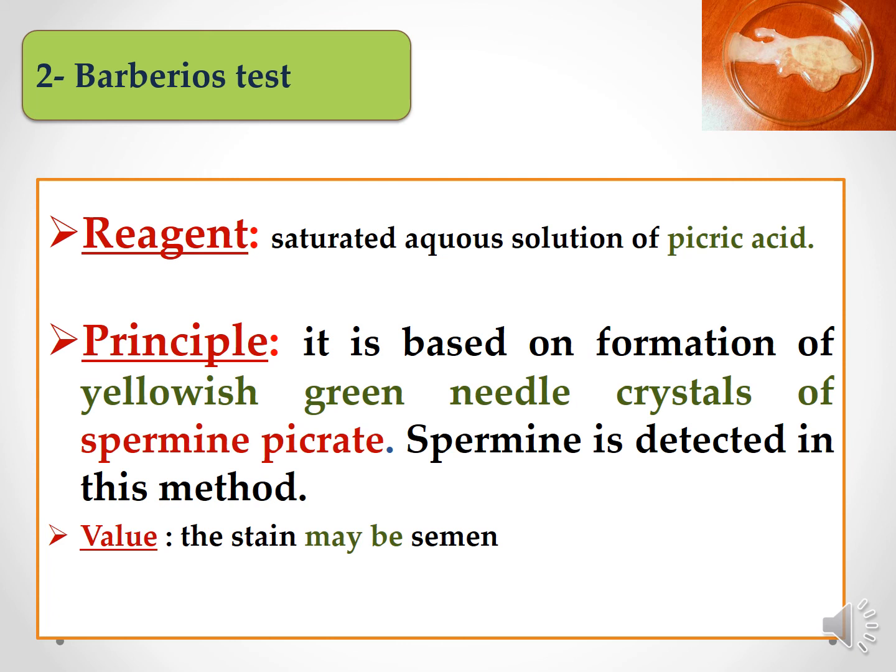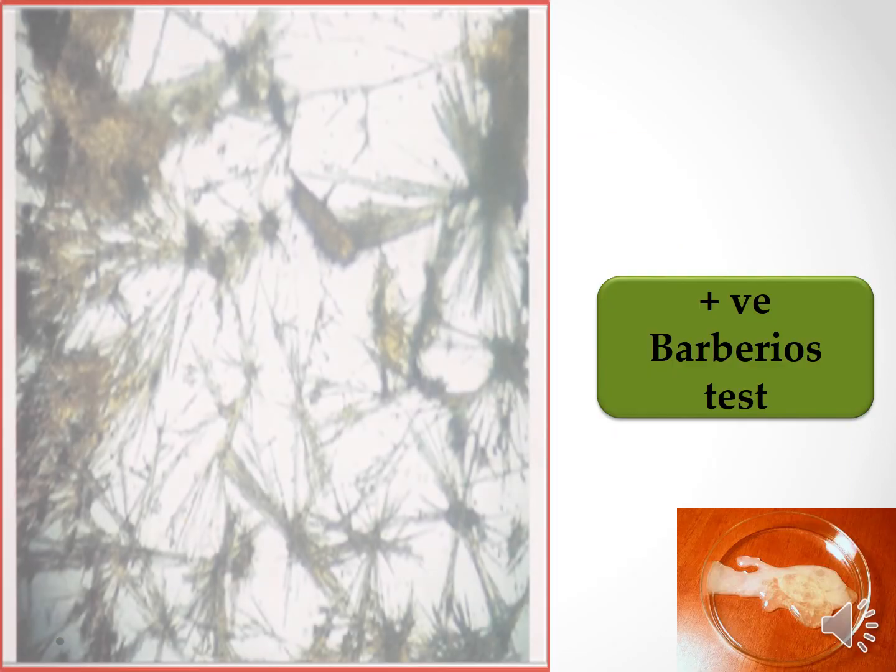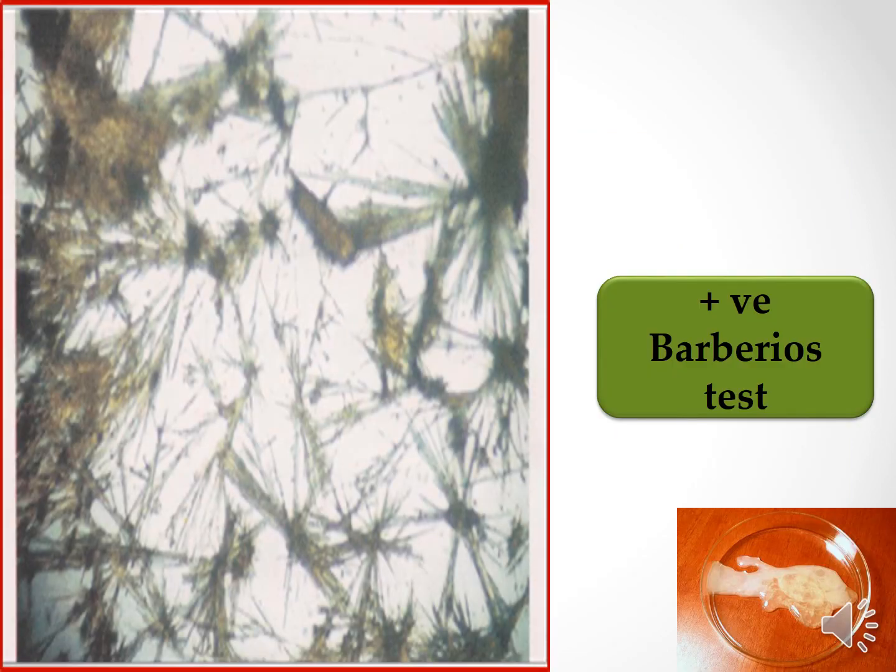So in Florence test, choline is detected, and in Barberio test, spermine is detected. Value: the stain may be semen, as it is a preliminary test. Picture: this is a positive Barberio test. The stain may be semen.